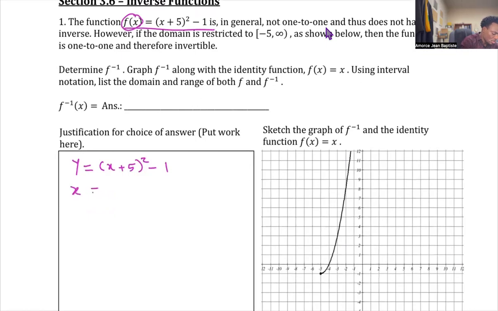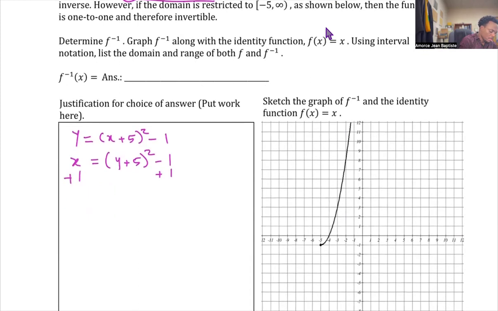So that's x equals (y plus 5) squared minus 1. Step 3, we're going to solve for y, get y by itself. So that's plus 1 on both sides. So x plus 1 equals (y plus 5) squared.